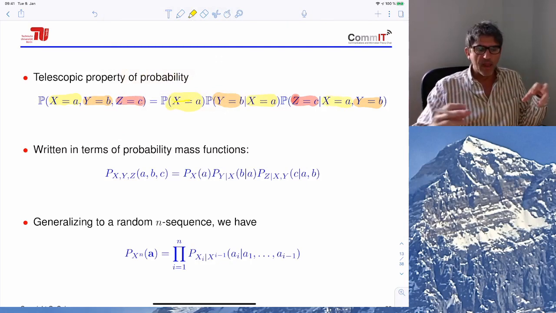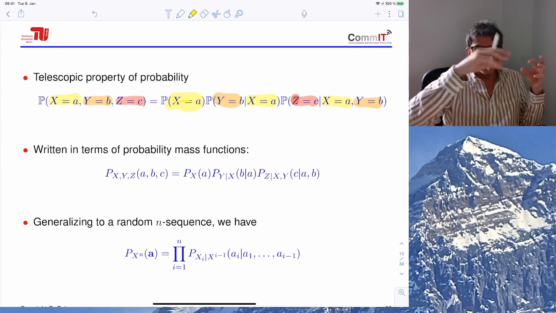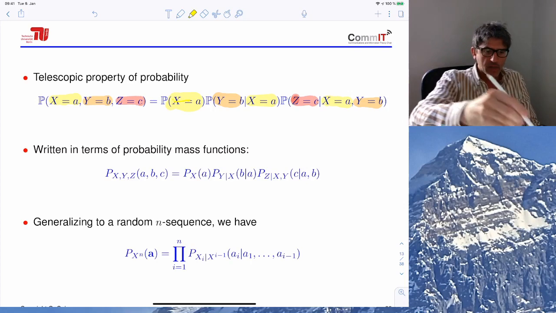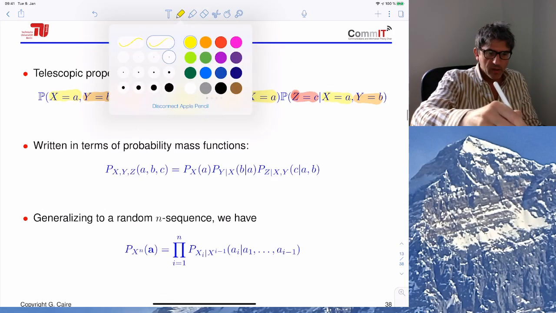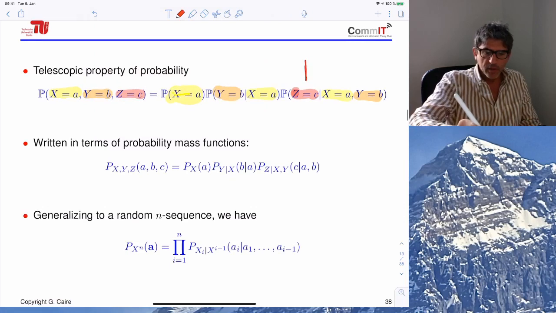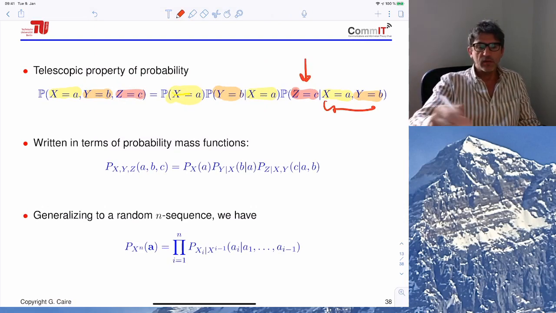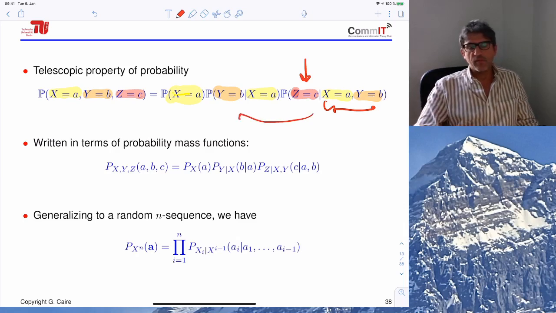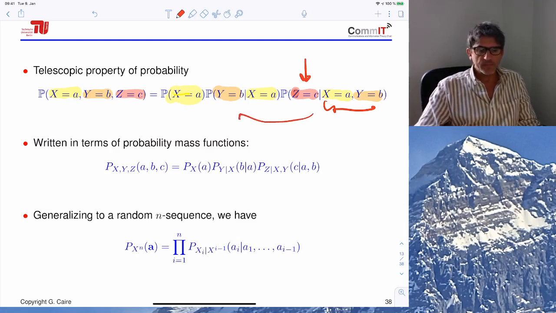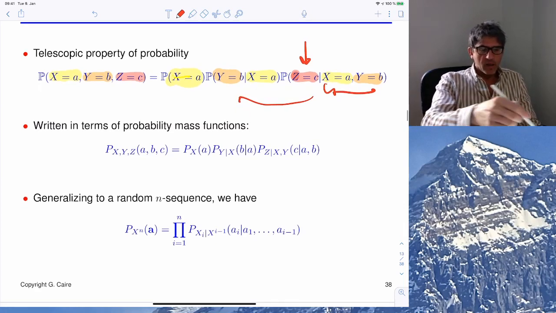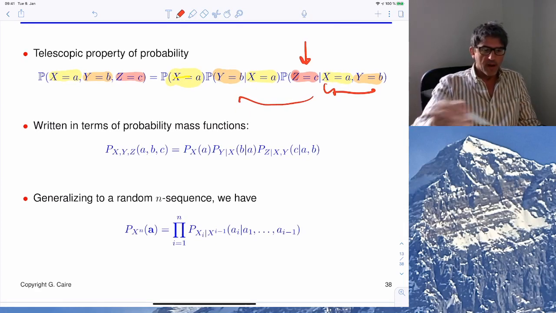We can develop any joint probability into the product of conditional probabilities, where at every term you take the new event and condition on all the old ones, the ones that have been already included. So written in terms of probability mass functions, you have this writing here.